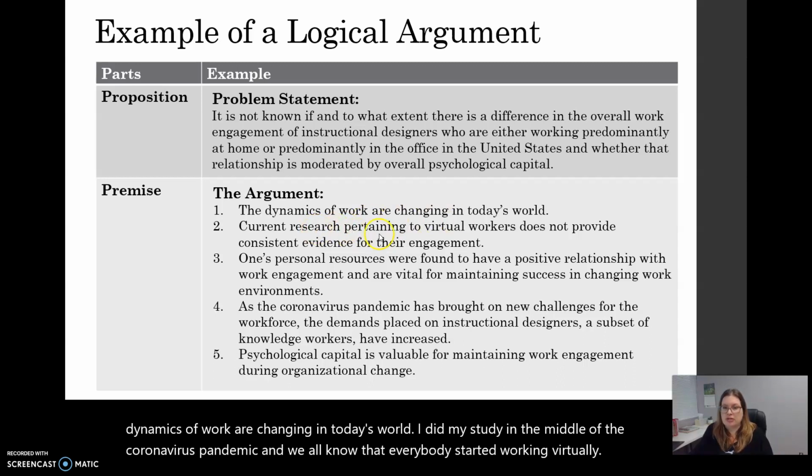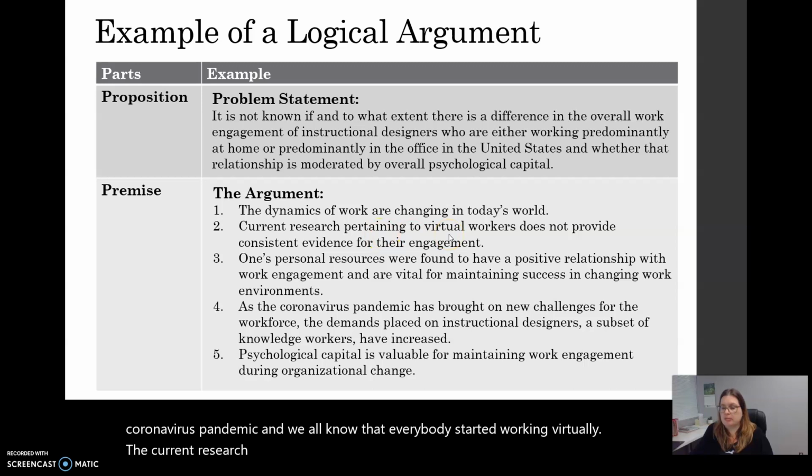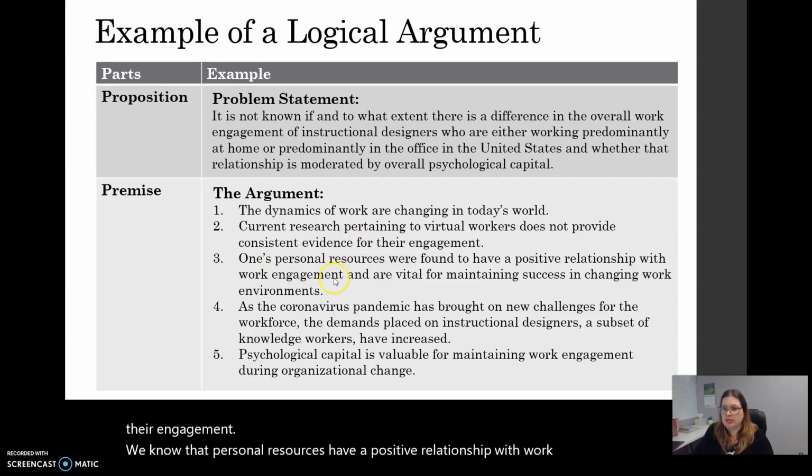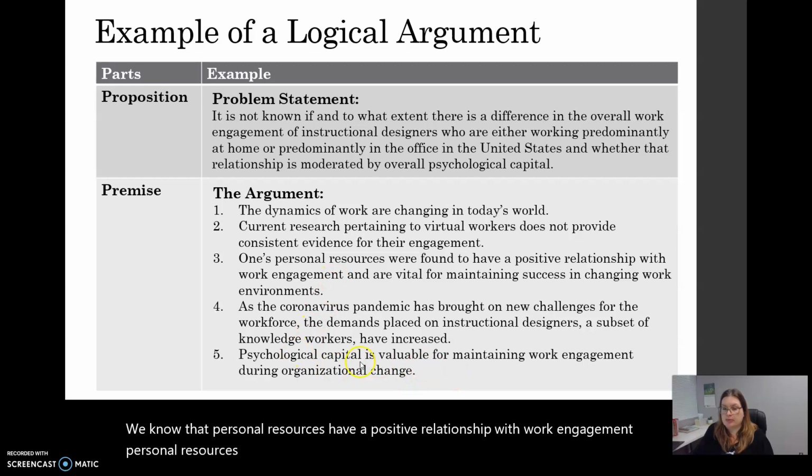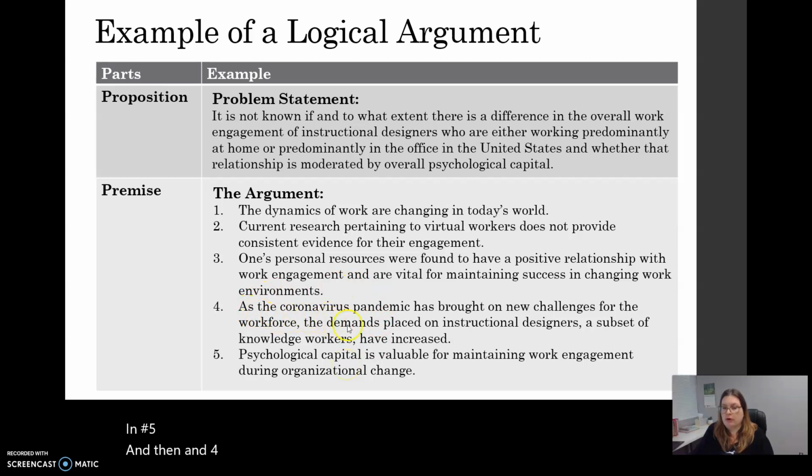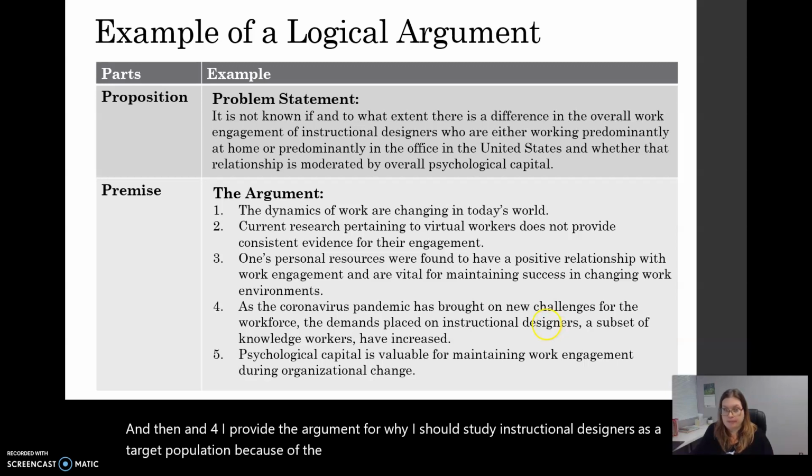The current research pertaining to virtual workers doesn't provide consistent evidence about their engagement. We know that personal resources have a positive relationship with work engagement. Personal resources include psychological capital, which I've listed down here in number 5. And then in number 4, I provide the argument for why I should study instructional designers as a target population because of the demands that were placed on them.